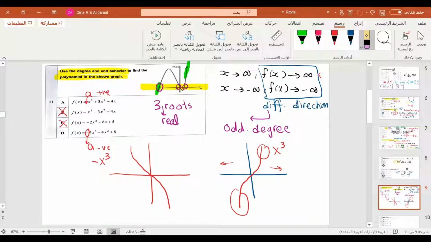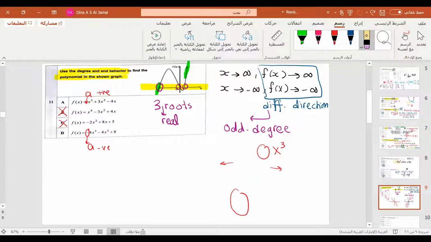So this is one of the things that you need to pay attention to about the effect of the leading coefficient. And in the description, I will be leaving for you an article to read about the effect of the leading coefficient and how it will be affecting your end behavior. Great. So now, after this explanation, here I'm having the normal behavior.